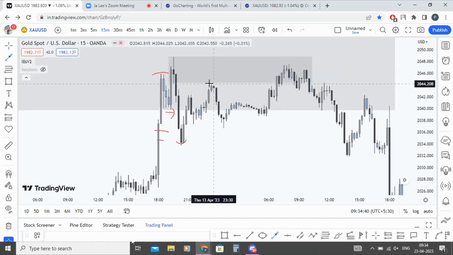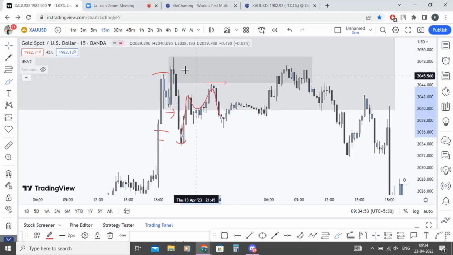Then I got some kind of confidence with this high as a liquidity high, this one. And when this was forming, I had some kind of confidence about this POI, because below the POI we have some kind of liquidity right here.